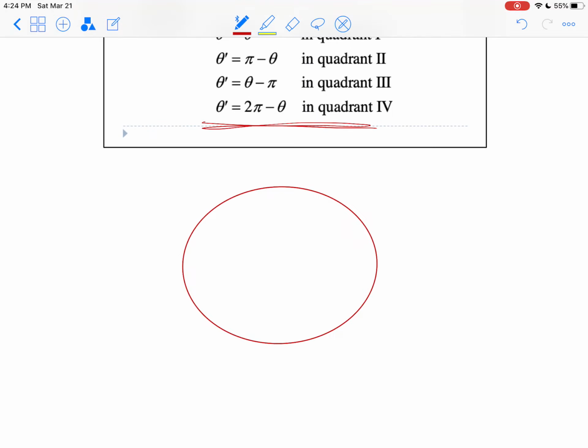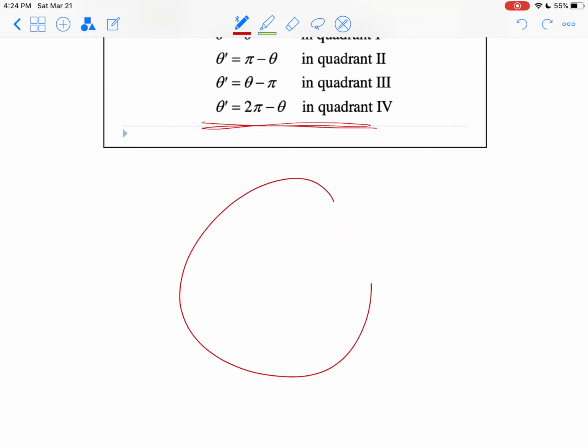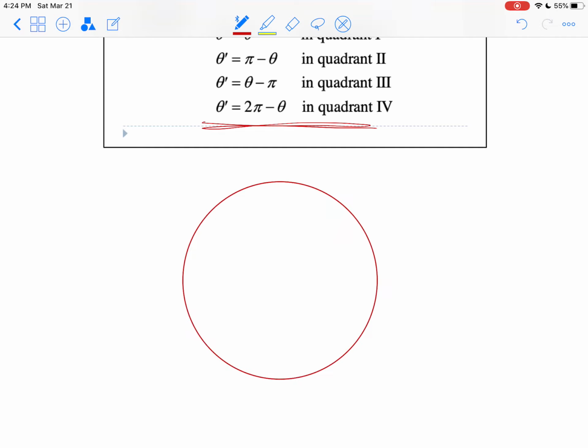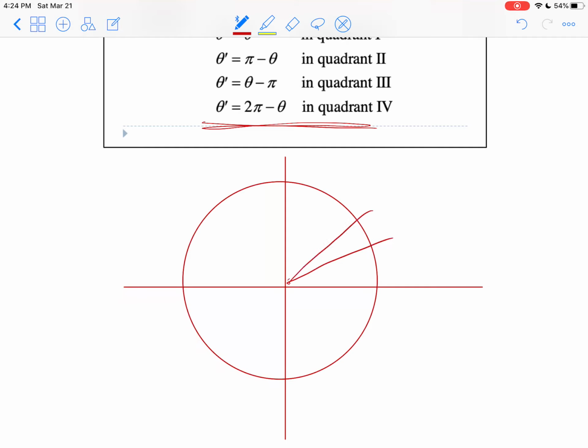So when we talk about our unit circle, right? So we have our circle, that's not a circle. So when we have our circle, and we talk about the x and the y axes, this first quadrant is really the most important one.